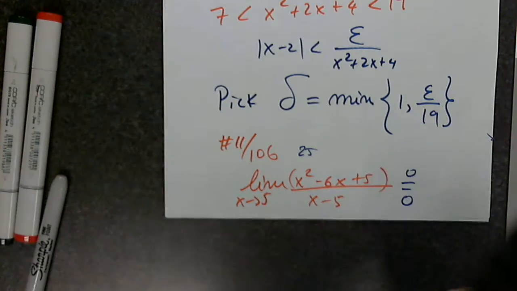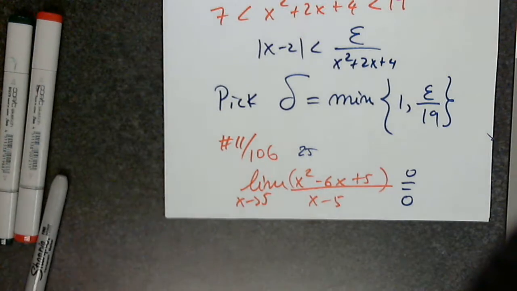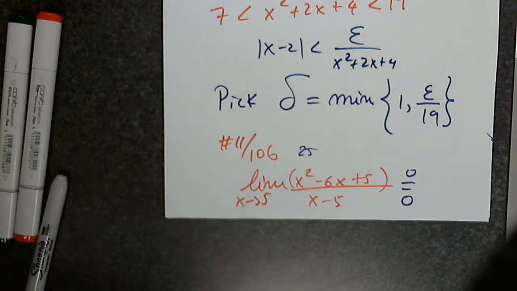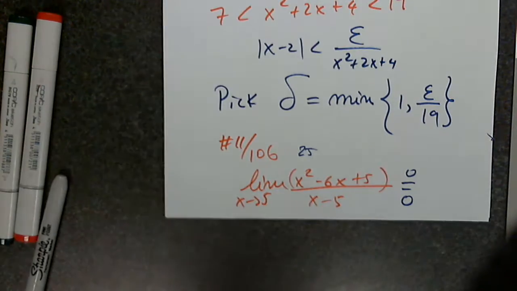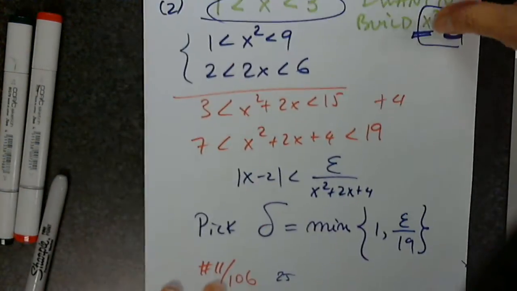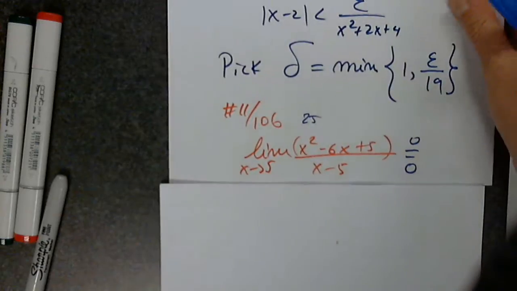Now, since I plugged in 5 and I get 0 over 0, and this is very important to remember, what do I know for sure? That the top and the bottom have a common factor. Indeed. So that's my next step.